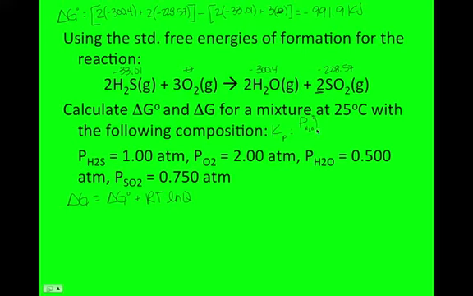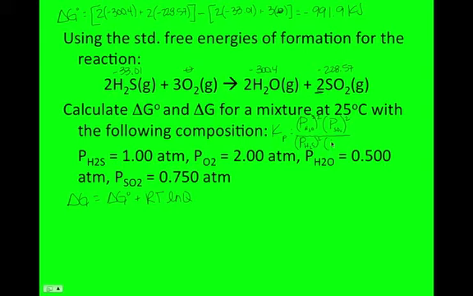Square that times the partial pressure of SO2, sulfur dioxide, also squared because of the coefficient. And then we're going to divide that by the partial pressures of the reactants. So we've got the pressure of hydrogen sulfide gas, also squared because it has a coefficient of 2.